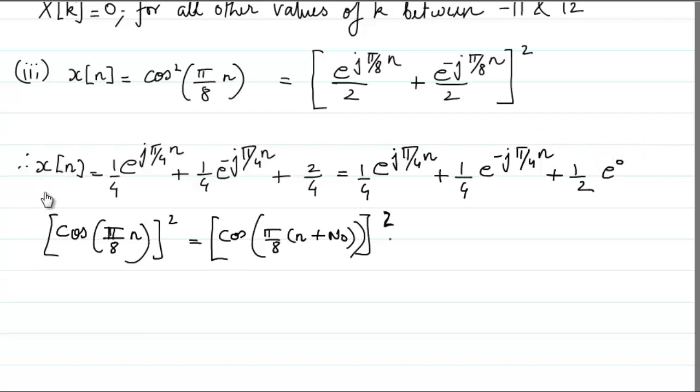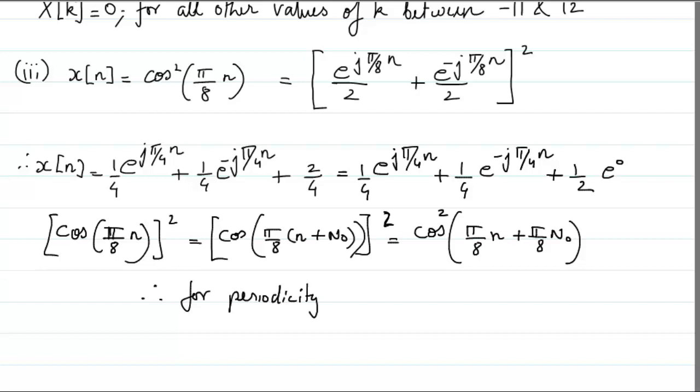The whole square, which basically transforms to cos squared of pi by 8 n plus pi by 8 capital N naught. Therefore, for periodicity, pi by 8 n naught should be equal to 2 pi, or is it 2 pi? That's a question. Can we write like this?